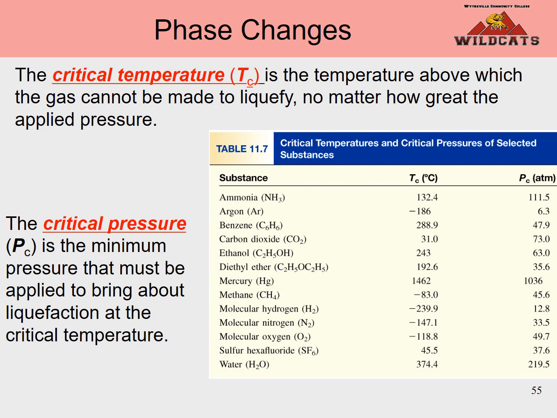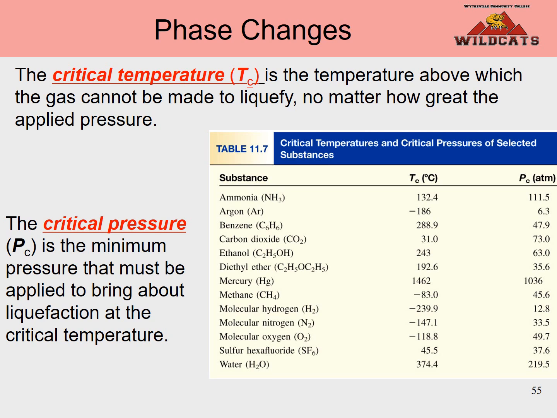The interesting thing that's been found quite recently is this thing called the critical temperature, and it's the temperature above which a gas cannot be made to liquefy no matter how great the applied pressure. When we went to go to the moon, we needed to figure out some way to store oxygen in a more dense, smaller space. And so we figured out how to liquefy oxygen, which we call LOX.